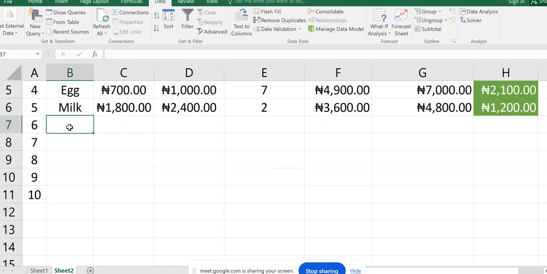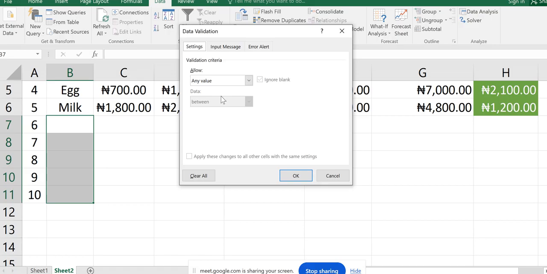You just highlight the cells you want to use. It's the same procedure. Data validation, list, source. What are we using? Milo, sugar, bread, egg, and milk.